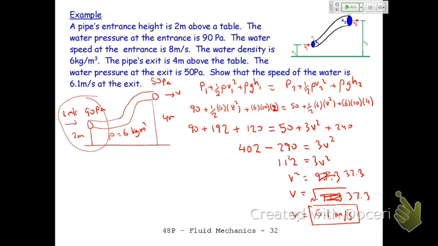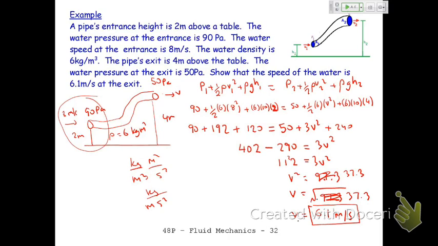What you might want to do, to make yourself comfortable, is note that density is kilograms per cubic meter, and velocity squared is meters squared per second squared, which gives kilograms over meters second squared.